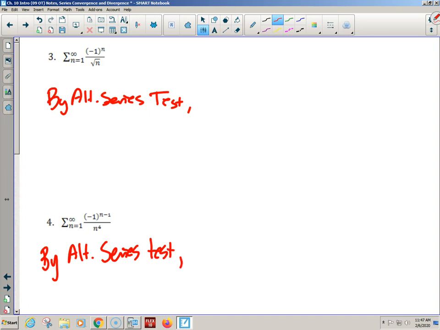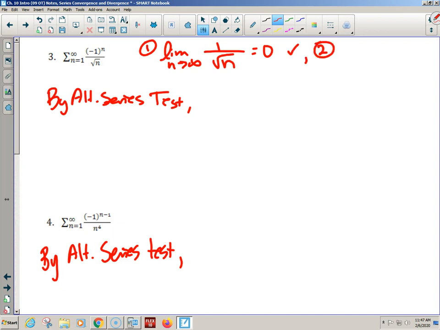Now, depending on what we see, maybe we could have started a different direction, but by the alternating series test, if we are thinking about alternating series, there are 2 things that need to be true. What's the first thing? The limit of the non-alternating part, which is 1 over square root of n, needs to be 0. Is it 0? Yes. Does that tell me it converges?